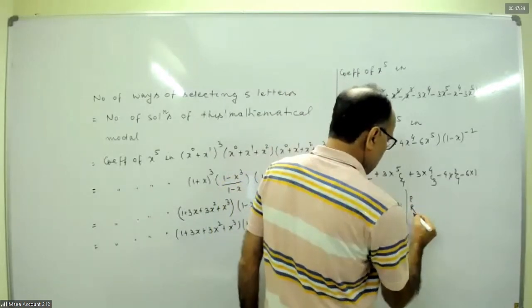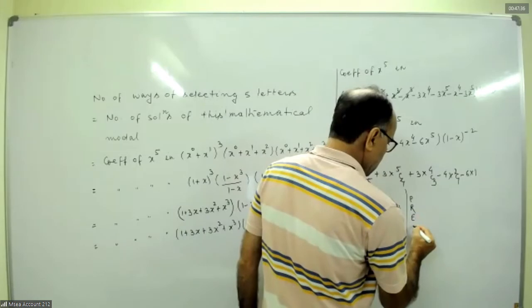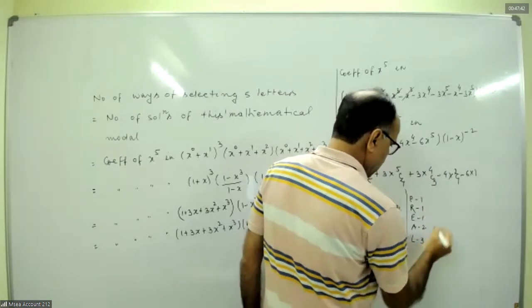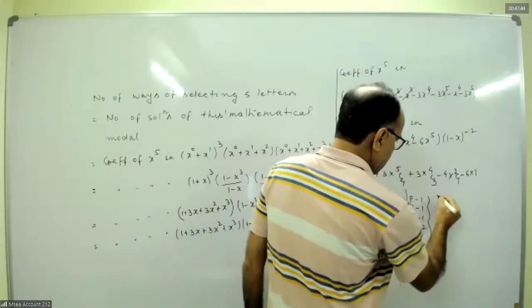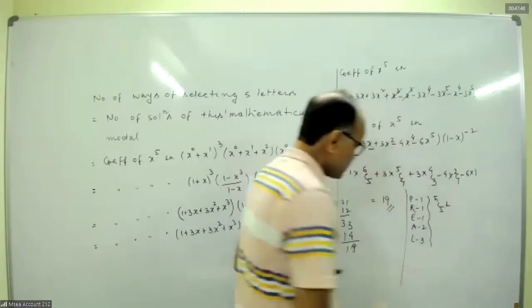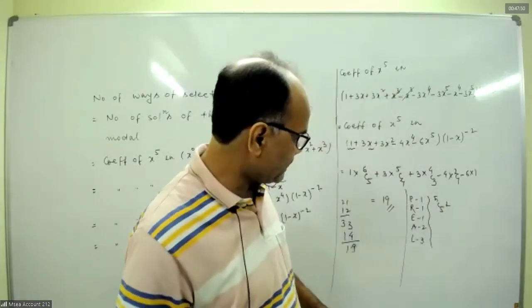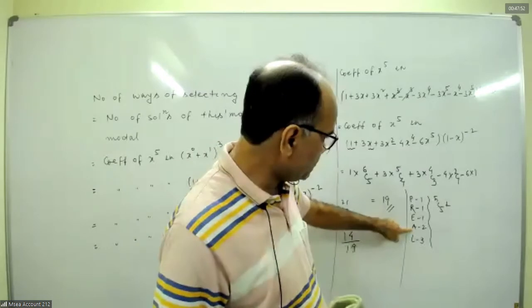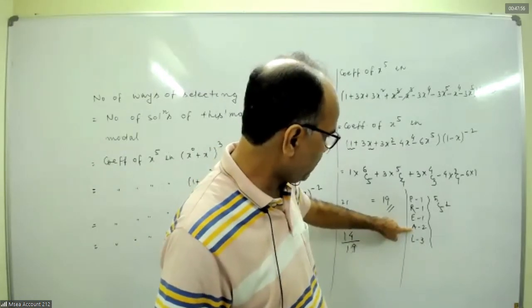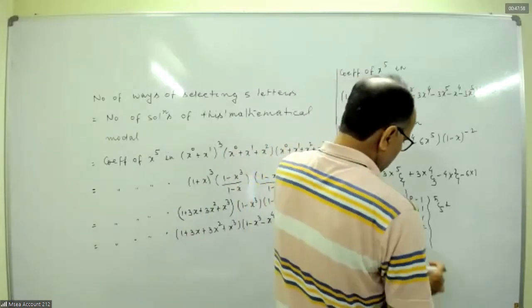So taking all 5 at a time: 5C5, plus taking 5 at a time, 2 is 3 distinct, so 4C3.